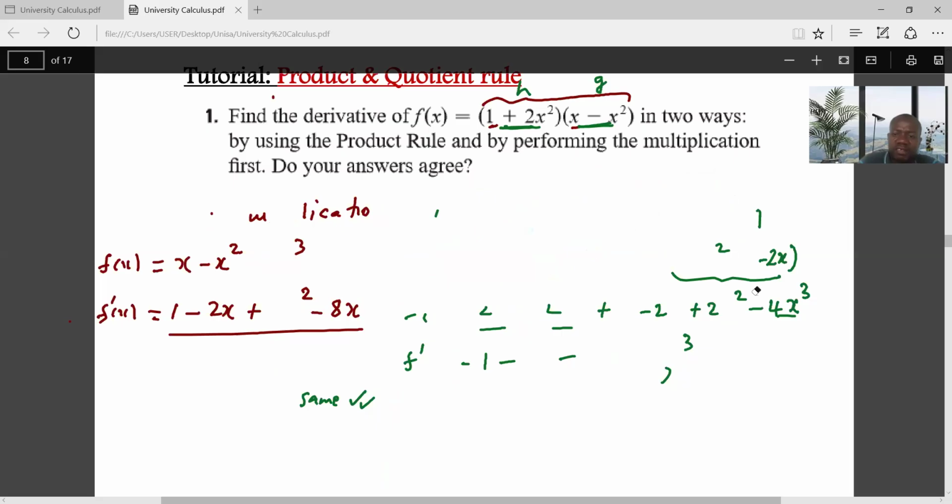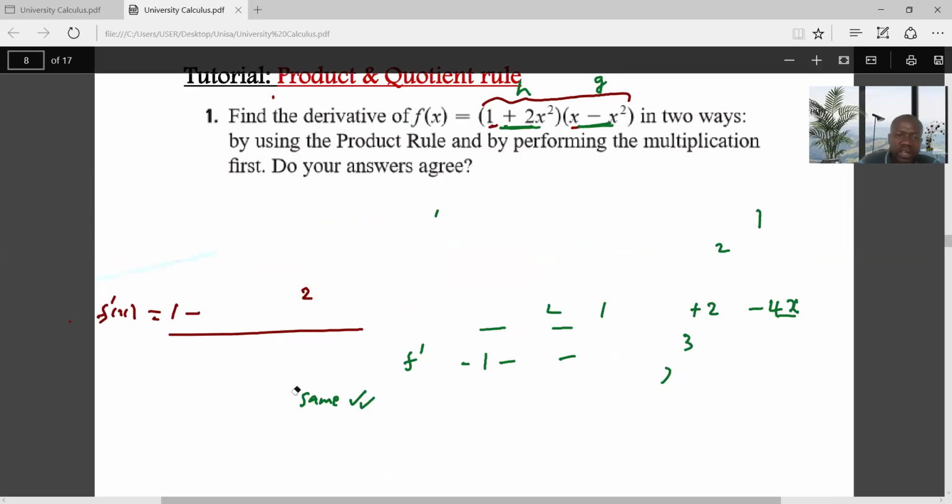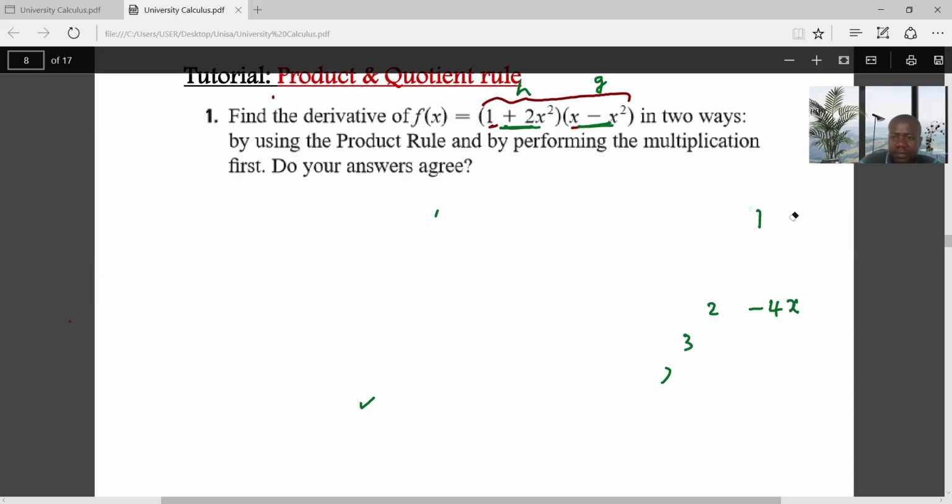We'll use the quotient rule when we're dividing expressions. Very important. I believe you're following. Okay? Let's now move on to the next question.